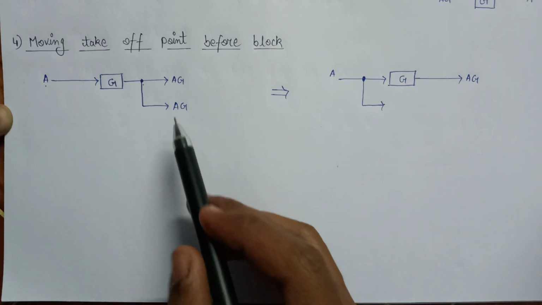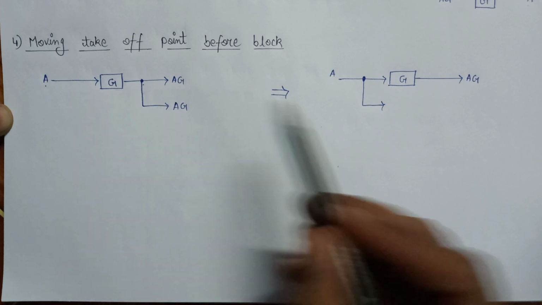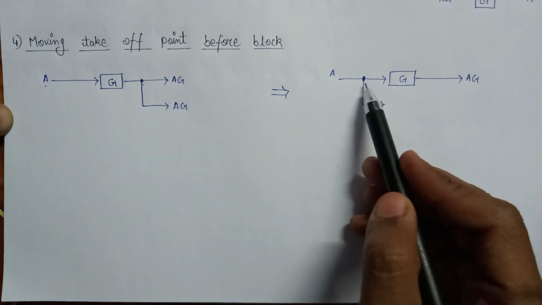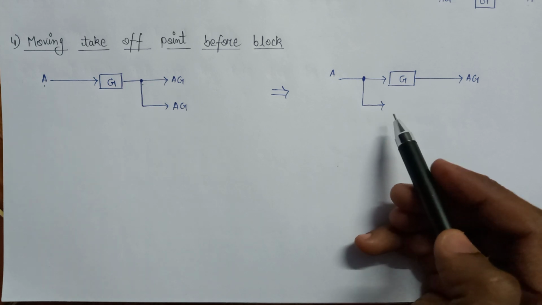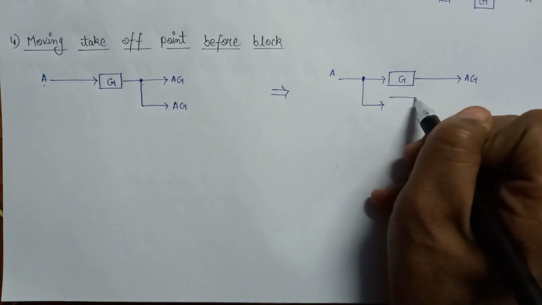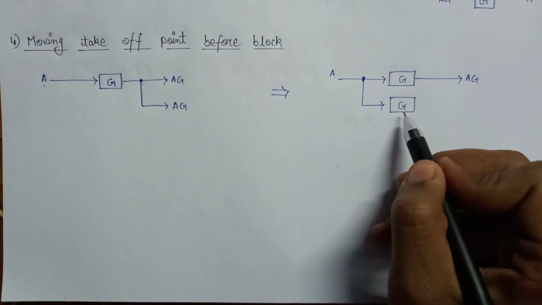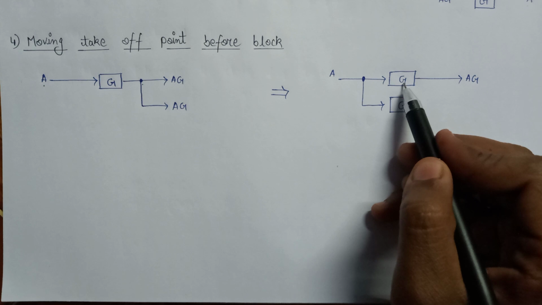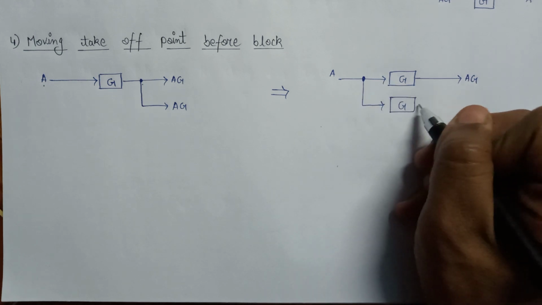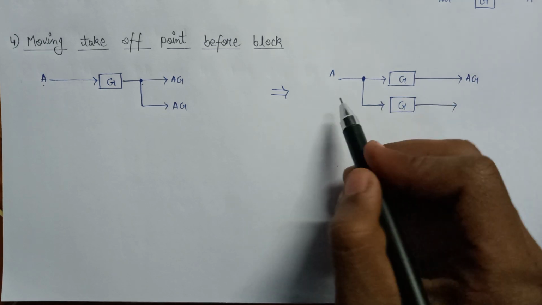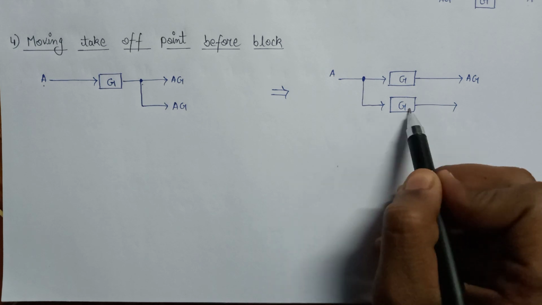And if we shift the takeoff point before the block, then the side branch, that is the takeoff point associated branch, has the gain of G. This gain is nothing but the gain before which the takeoff point is being shifted. And here again we get an output equal to the multiplication of A and G.